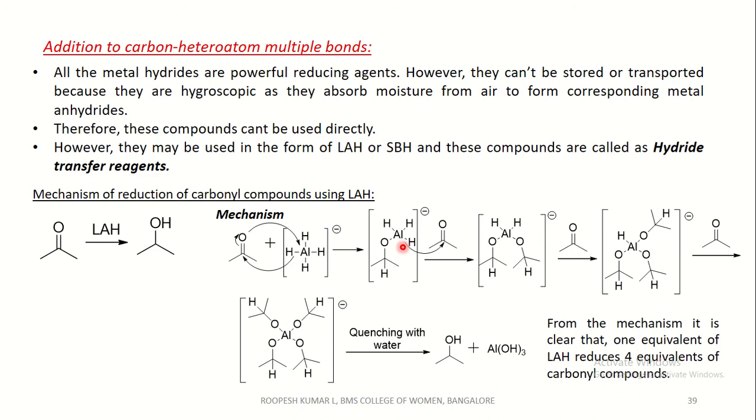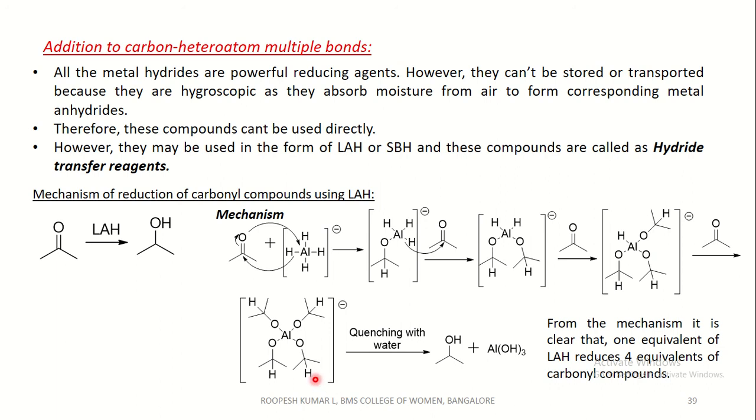Again, one more hydride ion gets transferred to one more equivalent of acetone to form the corresponding product. Subsequently, hydride ion is transferred to another equivalent of acetone to form this aluminium compound, and again this hydride is transferred to one more equivalent of acetone to form the corresponding product.